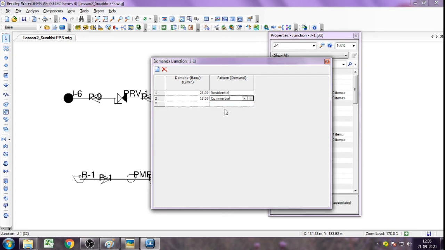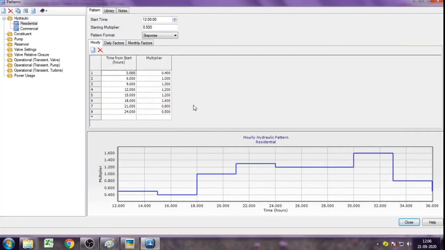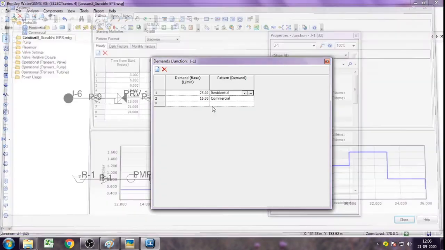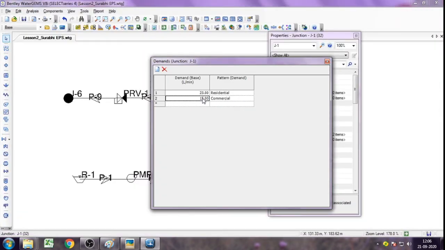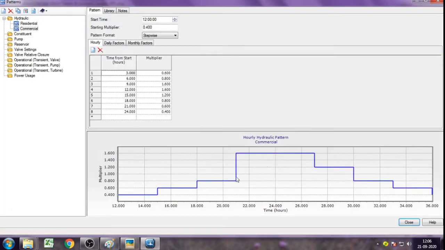So this means that for the residential case the base demand is 23 liter per minute, and the residential pattern will vary in this way. And for commercial the base demand is 15 liter per minute, and it will vary in this way, right?